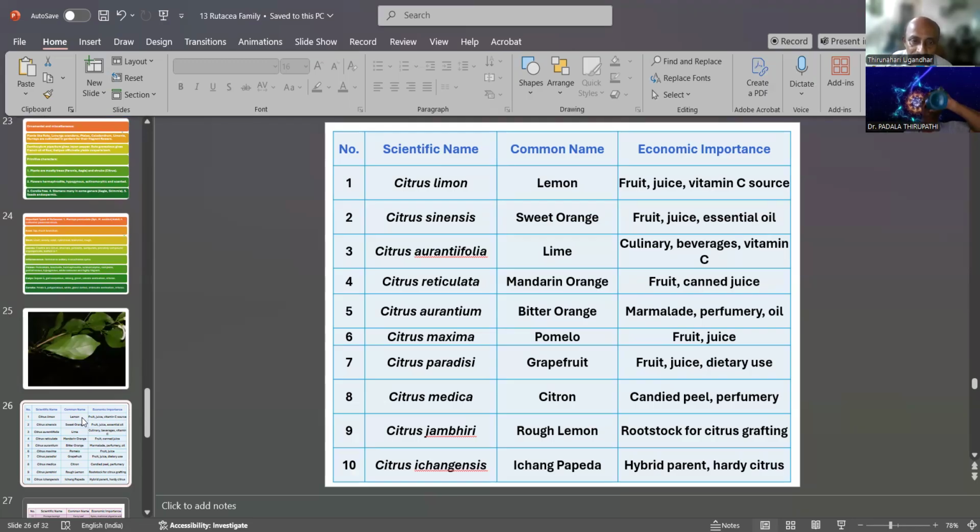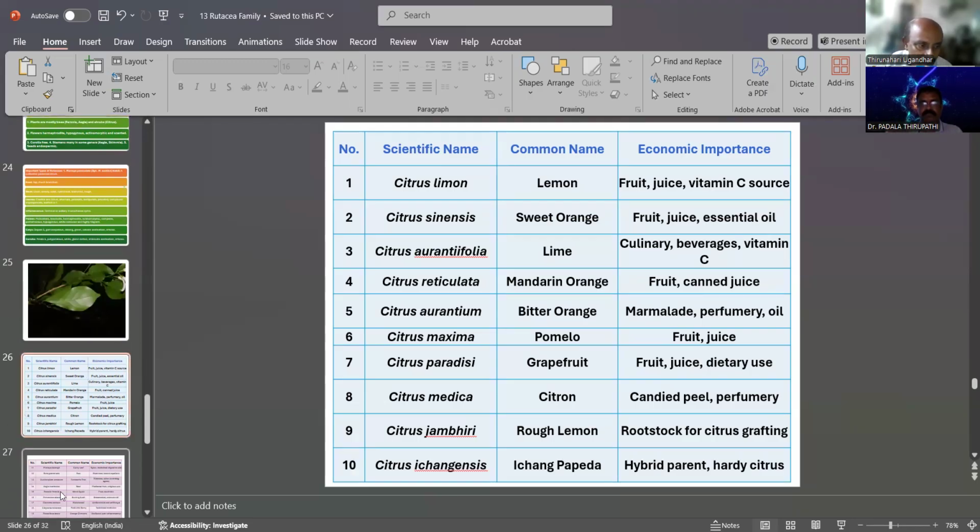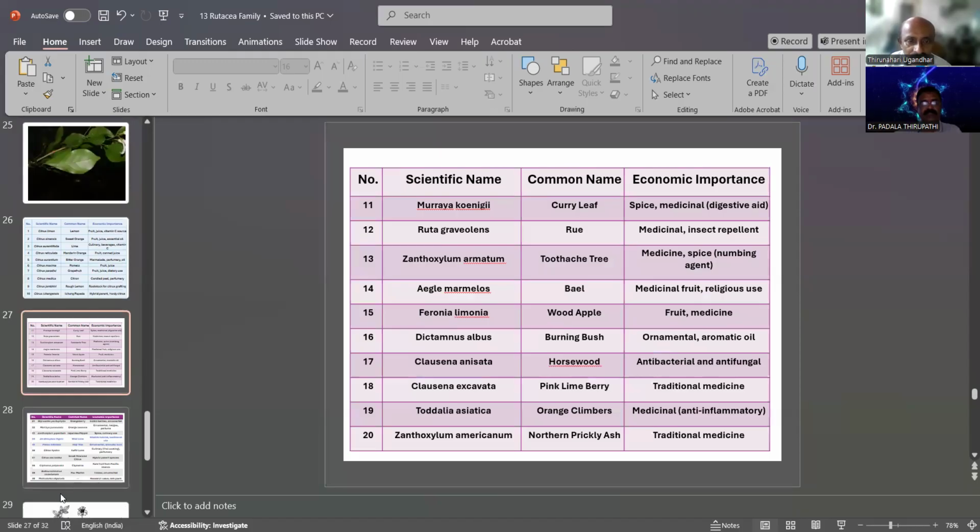That is 10 plants. Then, from 10 up to 20 plants, these are the scientific name, common name, economic importance. Each one: Murraya koenigii, Ruta graveolens, Zanthoxylum, Aegle marmelos, Feronia limonia, Dictamnus albus. Also Clausena anisata, Clausena excavata, then Toddalia asiatica, Zanthoxylum americanum. These are common names and economic values.